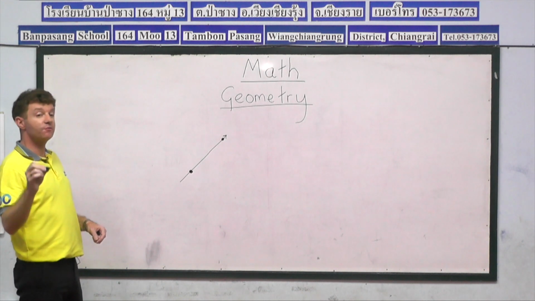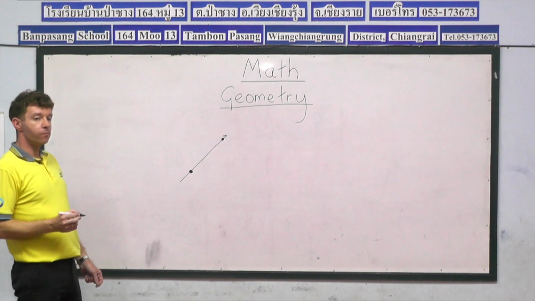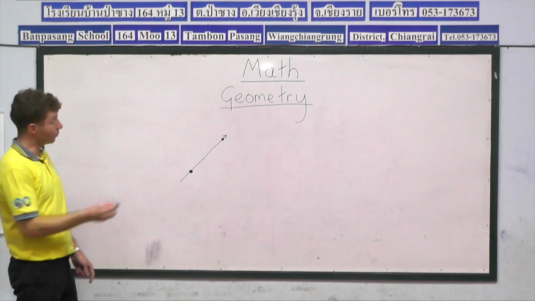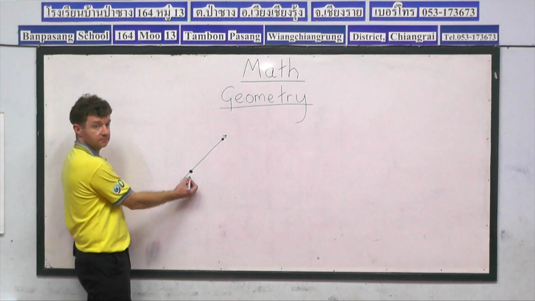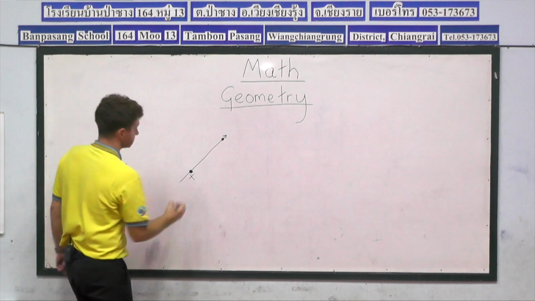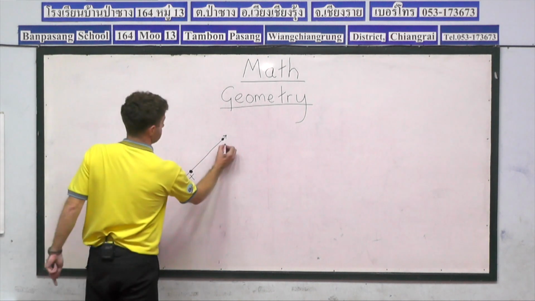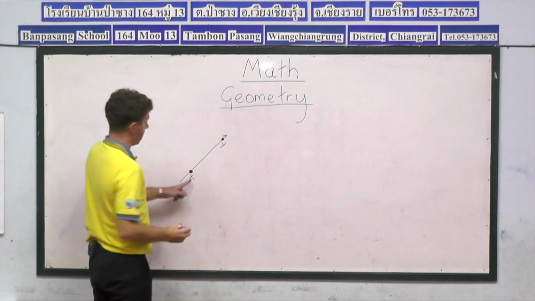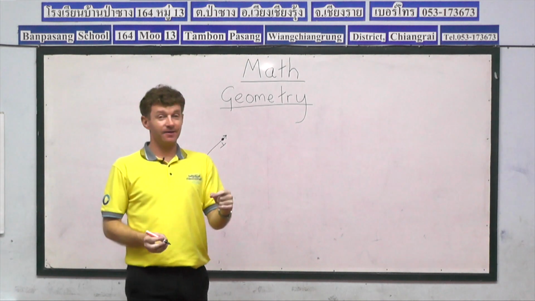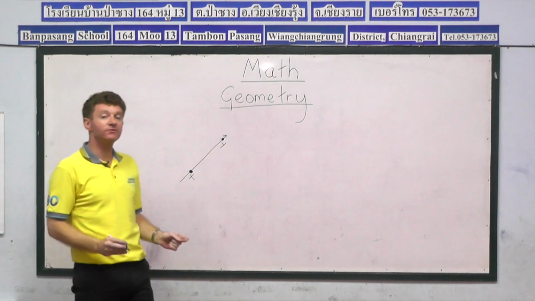You see? Now we're ready to name our ray. Well, first of all, before we can name our ray, what do our points need? Our points need letters. We need references. So what shall we call this point, guys? X. Okay. So we've got point X and we've got point Y. X, Y. Now remember, we're drawing a ray here, so we don't say line X, Y. What do we say, guys?